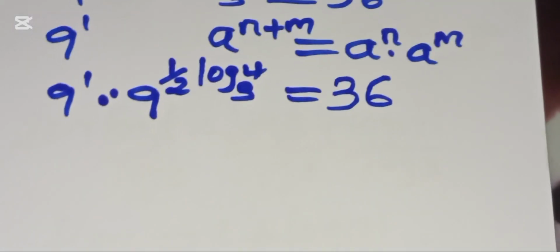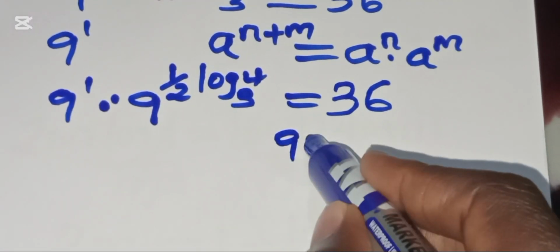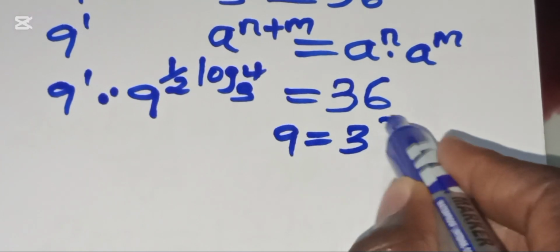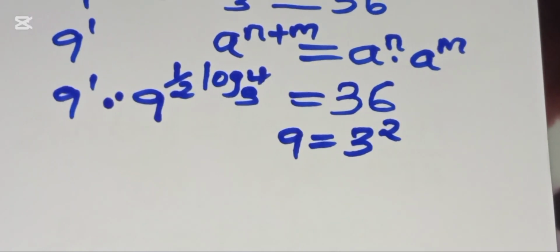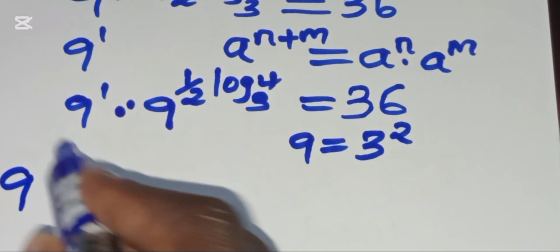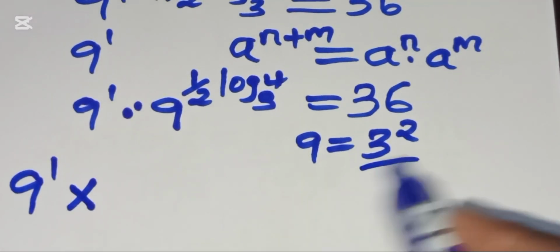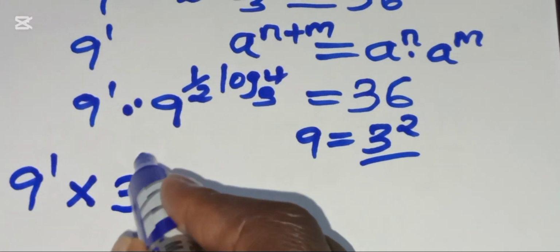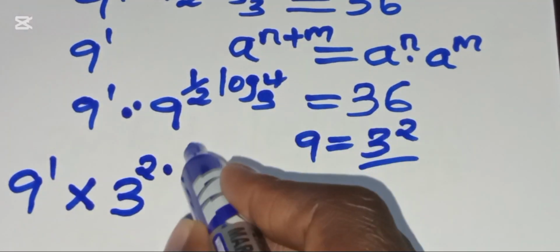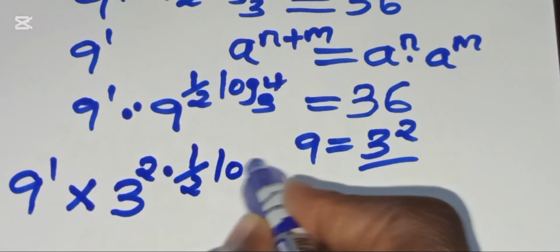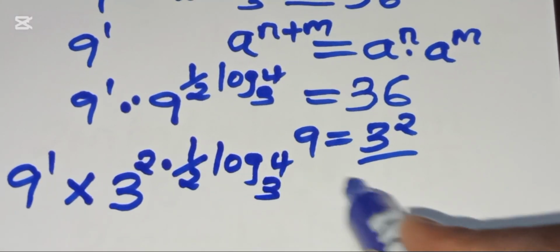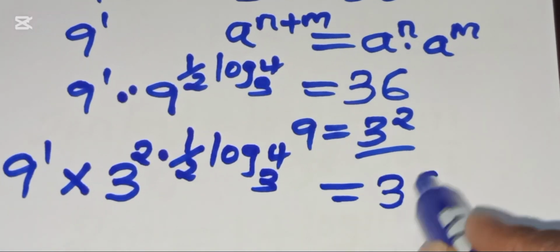Now 9 can be expressed as 3 raised to power 2, so we have 9 raised to power 1 multiplied by 3 squared multiplied by half log 4 to base 3. This is supposed to give us a value of 36.